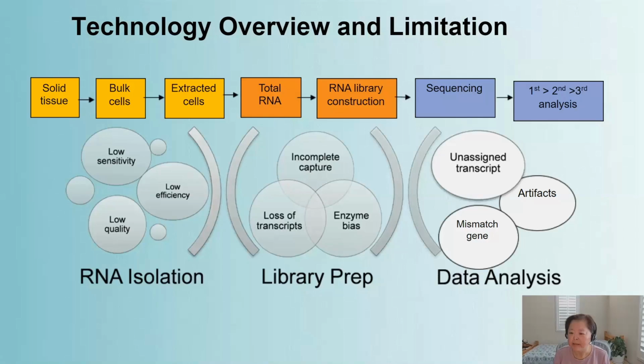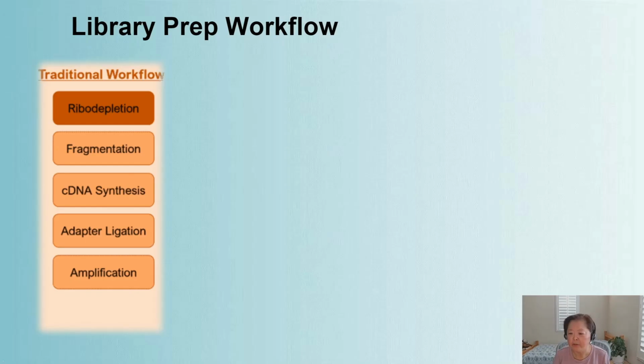Biased enzymes can prevent the RT from RNA into cDNA, which leads to further loss of the transcripts. All of this will cause unassigned transcripts, mismatched genes, or artifacts in your data analysis. So the ideal library prep workflow should be able to preserve the rare transcripts and capture the complete transcriptome correctly.